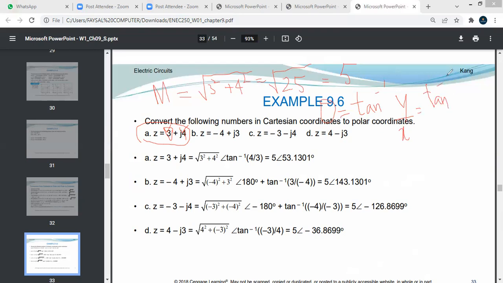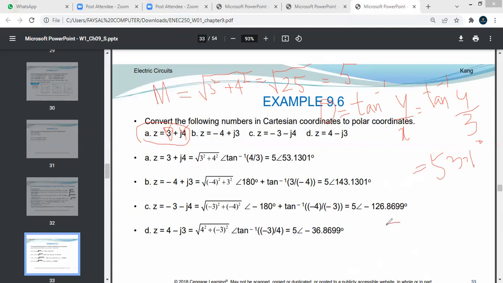The value of y is the imaginary part, having iota or j, so it will be 4 upon 3. From the calculator we find that tan inverse 4 upon 3 equals 53.1 degree. So this is how to write the answer.